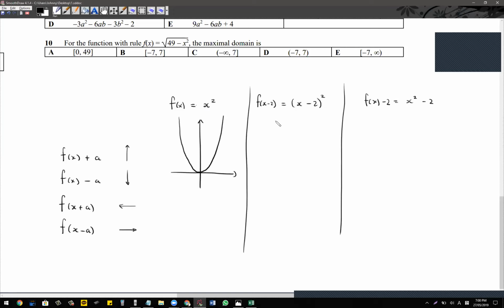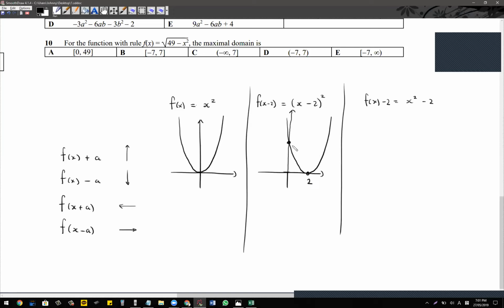And what's going to happen is for this one, it is going to be that whole thing shifting to the right by 2, like that, okay? It's like this, and that's 2 there.